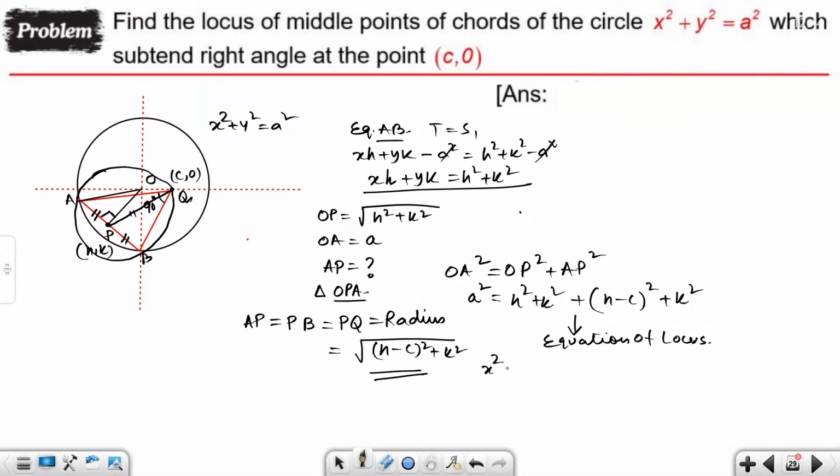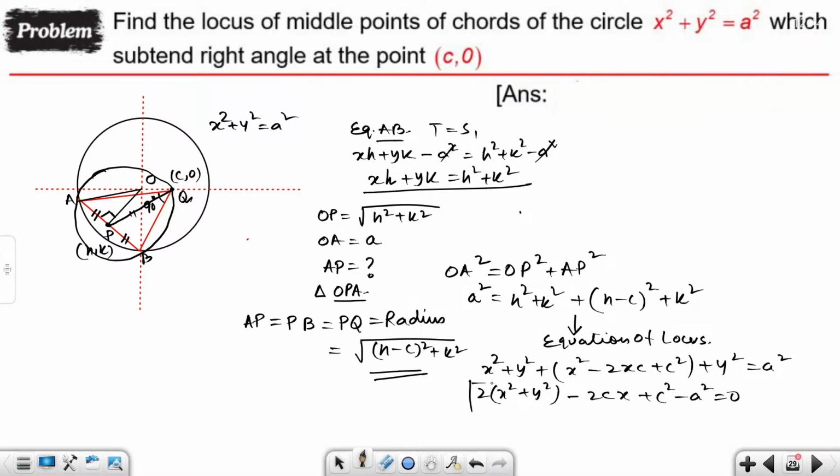It's x square plus y square, let me just open this one, x square minus 2xc plus c square plus y square equals a square. So we have 2 times x square plus y square minus 2cx plus c square minus a square equals 0. That's it. So that's the equation of the locus. Is it clear to all?